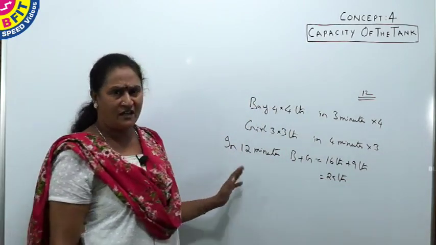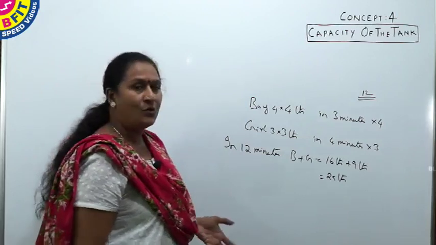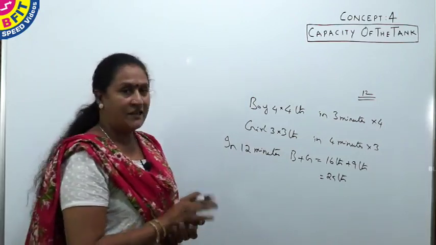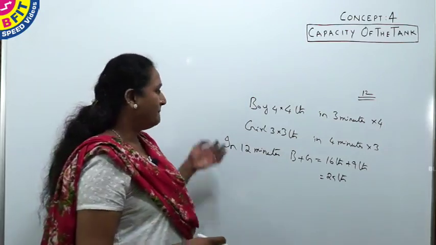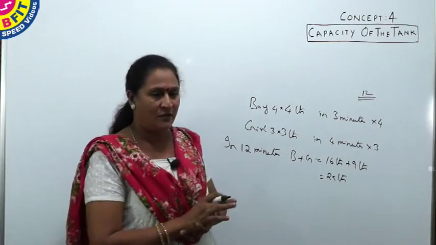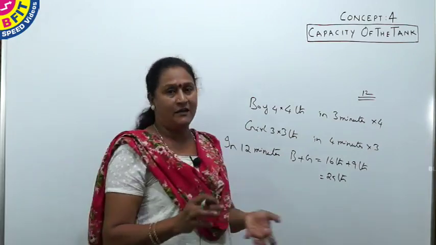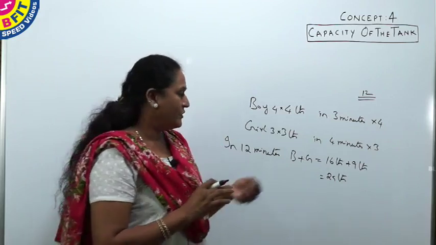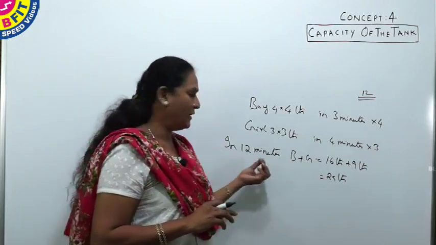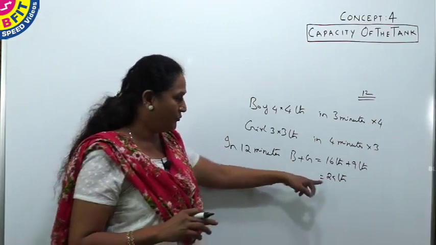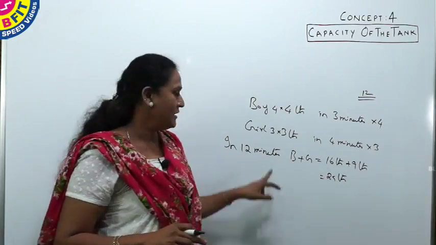Now instead of taking this for 1 minute and working out, what is the question given? It is asked what will be the time taken by this boy and girl working together to fill 100 liters of water in the cistern. So what is the time taken to pour 25 liters? 12 minutes.